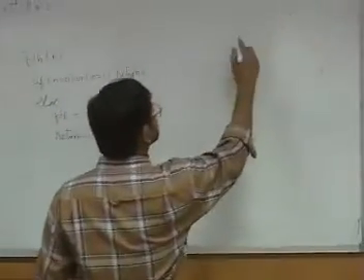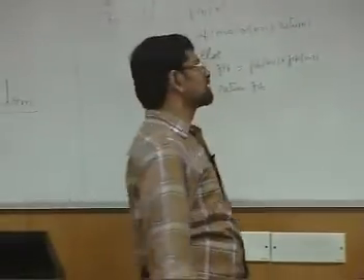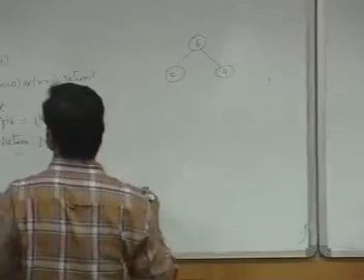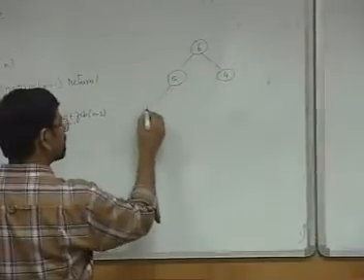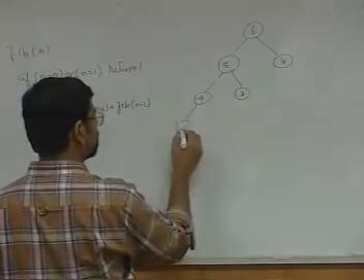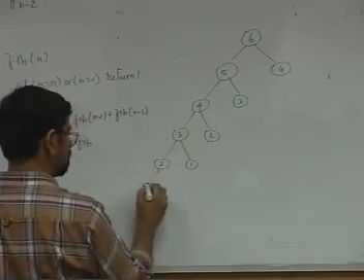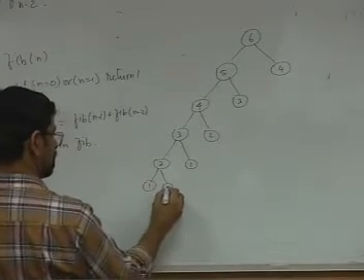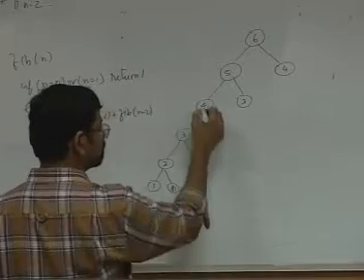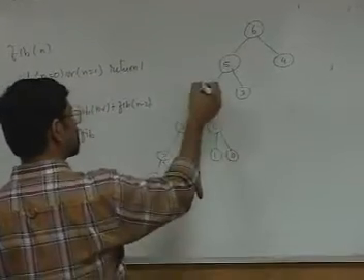Consider the tree for 6. F of 6 will trigger f of 5 and f of 4, right? And f of 5 will trigger f of 4 and f of 3. F of 4 will trigger f of 3 and 2. 3 will trigger 2 and 1, and 2 will trigger 1 and 0, and these will return values.